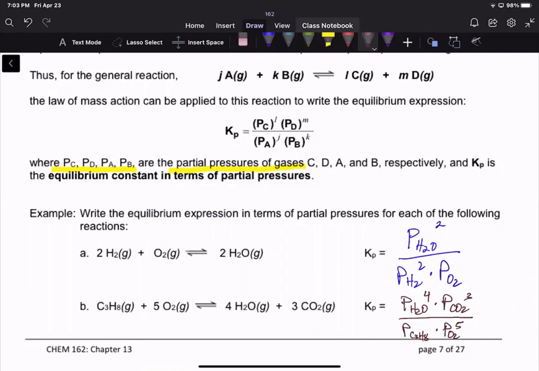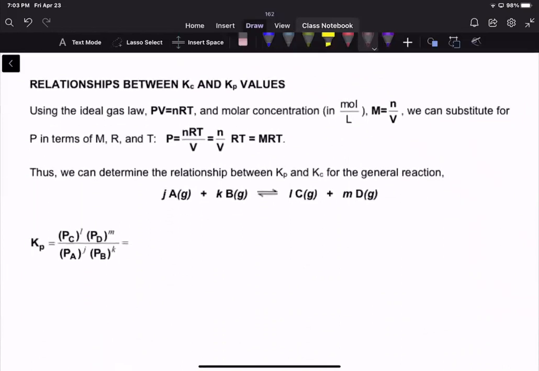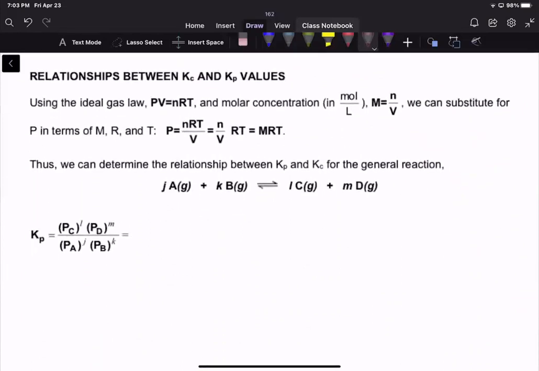All right, the next one's got a few more terms. So those exponents can reflect really big changes with a change in concentration or pressure. That oxygen to the 5th power is going to change very quickly. So in order to go between Kc, equilibrium constant with concentration, and Kp with pressure, we will use the ideal gas law to convert between our molarity and our pressure.